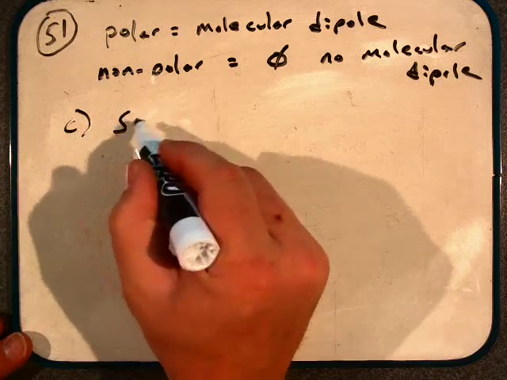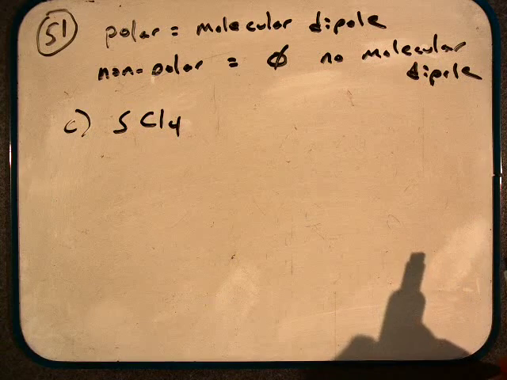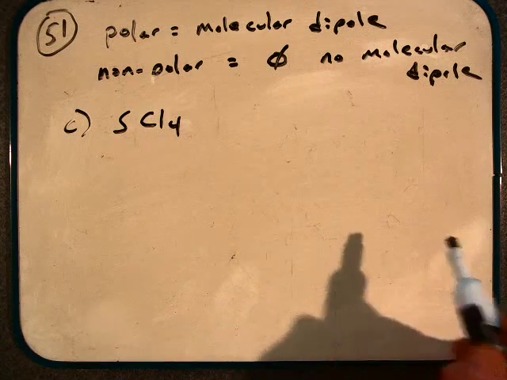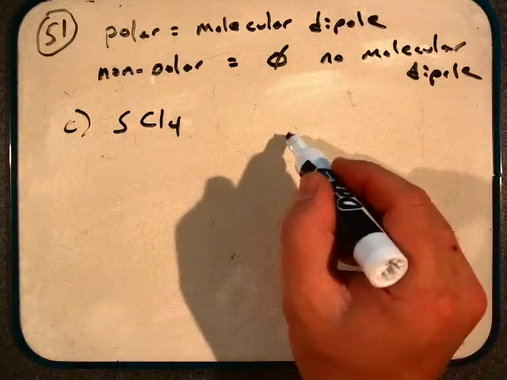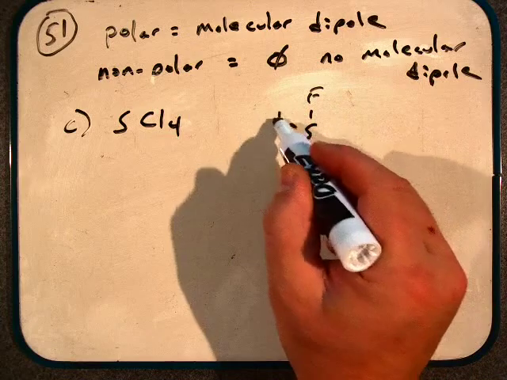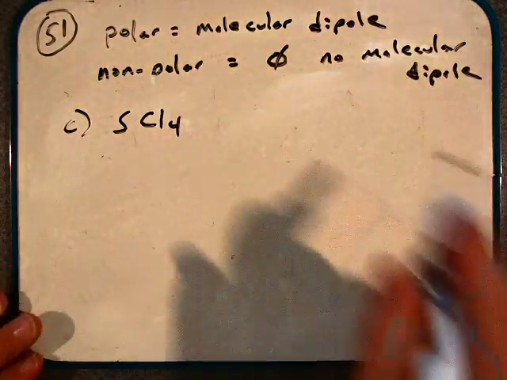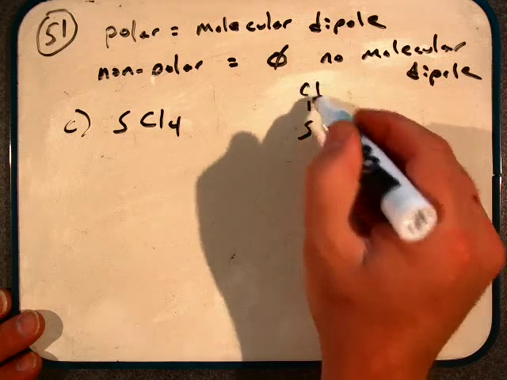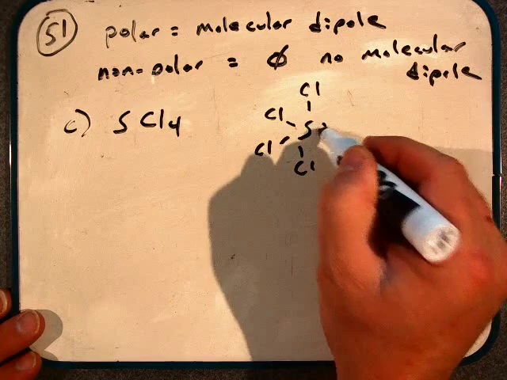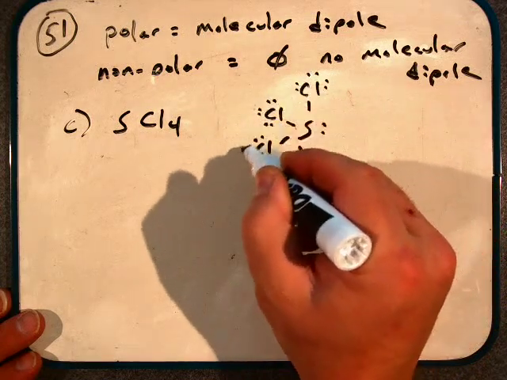Part C looks at now a further expansion of the sulfur example in part B. Instead of 2 chlorines, now we have 4 chlorines, and so that means our sulfur is going to have to expand its octet in order to have bonds to all 4 of the chlorine elements, and if it does that, then it still has a lone pair.